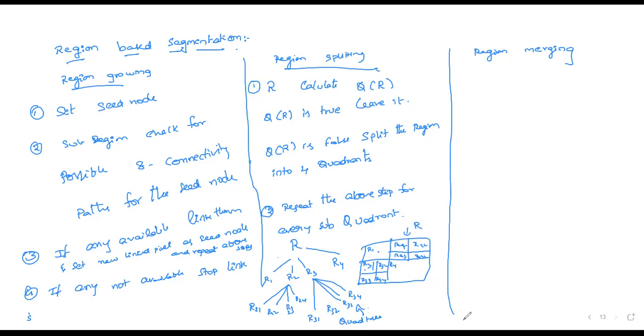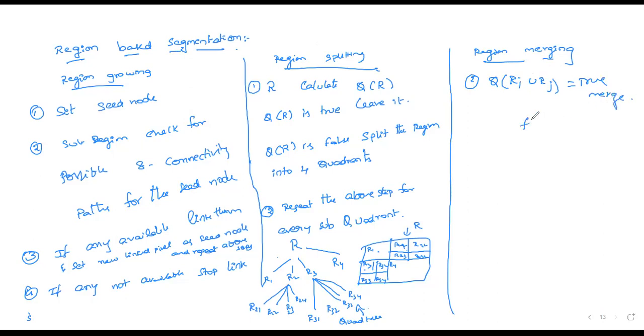Region merging is the reverse process of splitting. Calculate Q of Ri union Rj. Okay, if it is true, merge them.